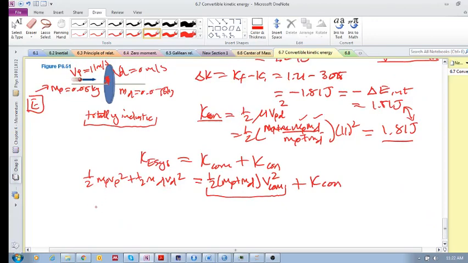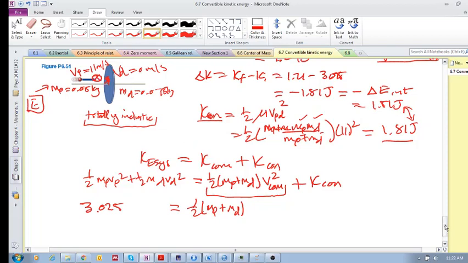Now, remember, we calculated this to be 3.025. We calculated it above. And this is half the total inertia, which is just given: 0.05, 0.075. Now, what is the velocity of the center of mass?